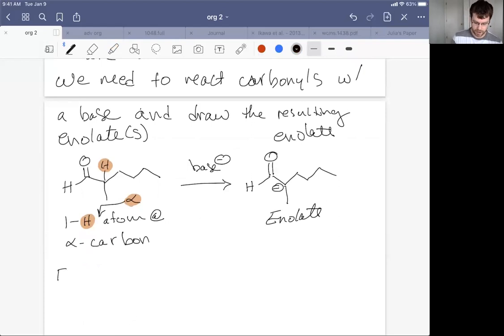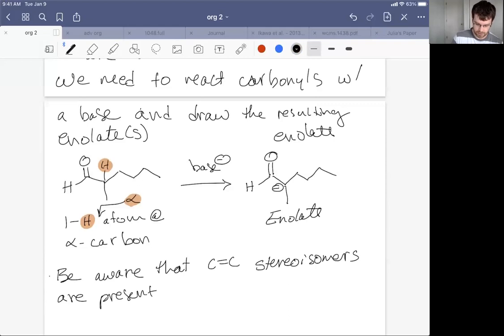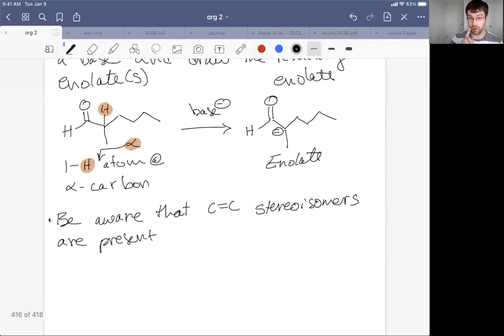But be aware, and I'm not saying worry about this, just be aware that C=C stereoisomers are present. What do I mean by that? Well, let's draw that enolate that we drew correctly, that was good enough for me.